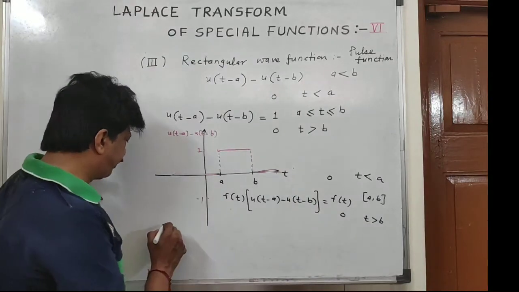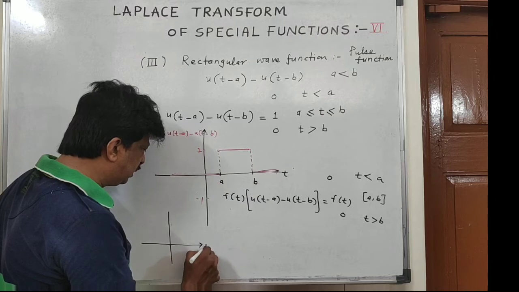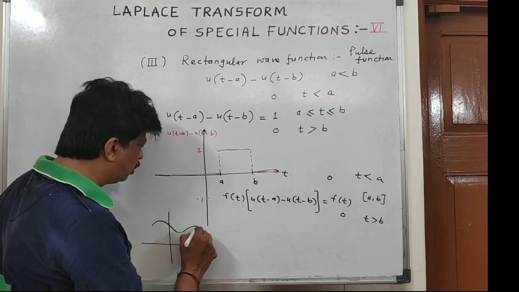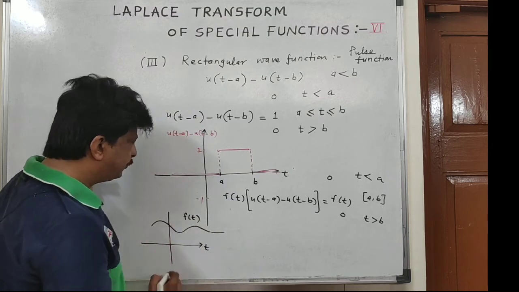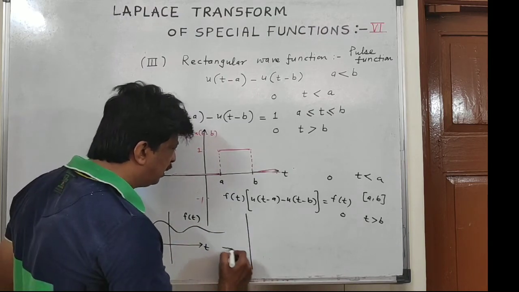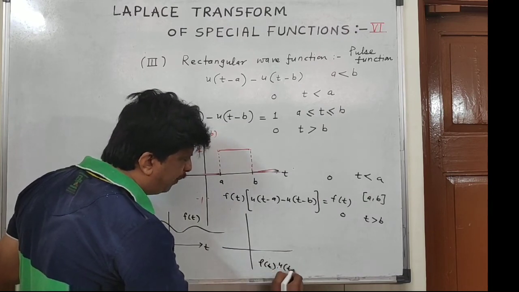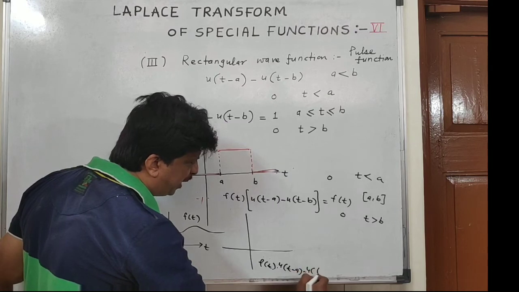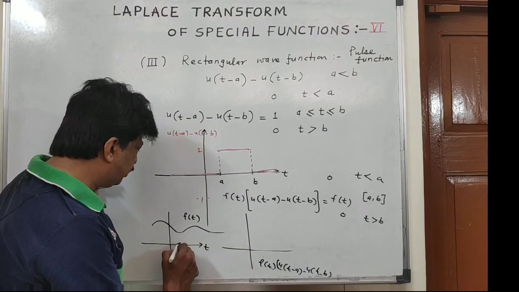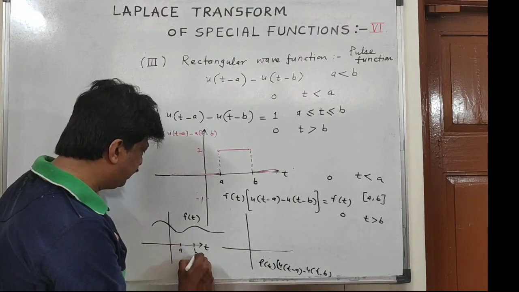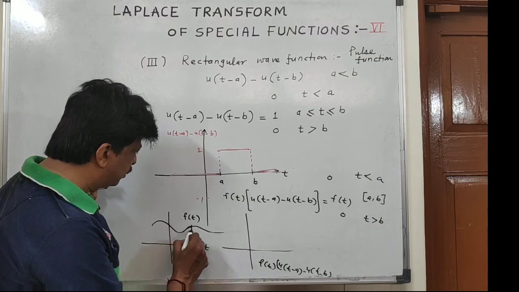For example, if this is the t-axis and this is any plot of f of t, then what would be the plot of f of t into u of t minus a minus u of t minus b? If this point is a and this point is b, it allows this portion of the graph.